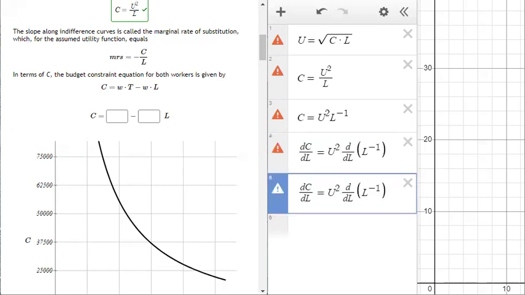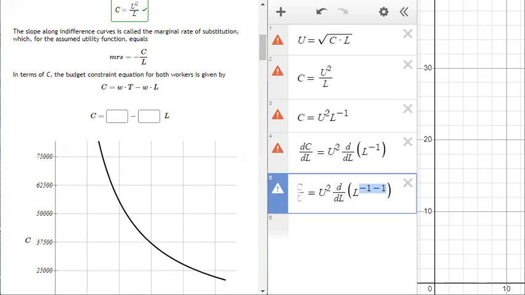Okay. Now I'm going to copy this and place it down here. Now, when we differentiate something that is raised to an exponent, right? I'm changing L a little bit, right? When I differentiate this function here with respect to L, the way you differentiate is you subtract 1 from the old exponent, right? And the old exponent is minus 1. So the new exponent becomes minus 2, because we're subtracting 1 from a negative 1.